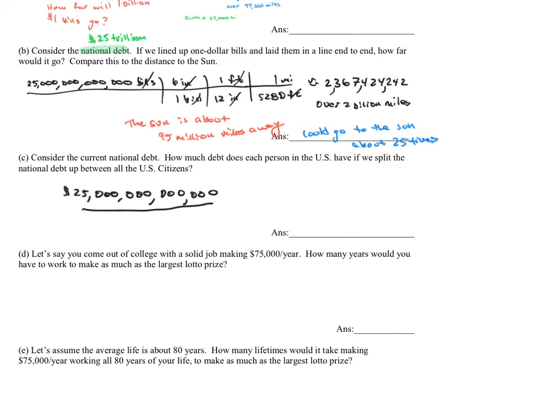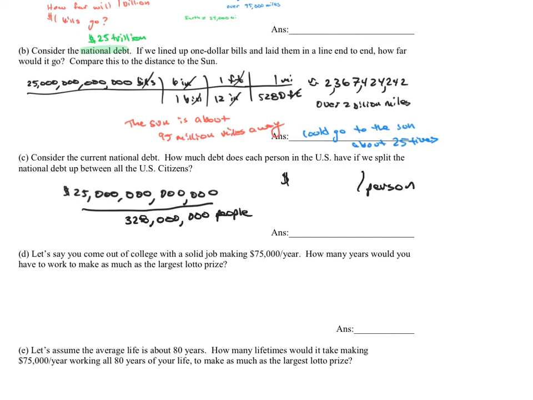And then let's go back and look at how many people we had. The more updated number that we had was about 328 million people. So this is going to give us how many dollars per person we owe.